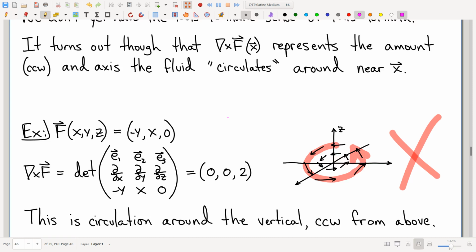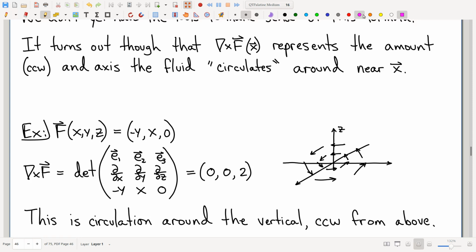This example is tempting because I can see the flow lines practically, right? You connect the dots. It really feels like the flow lines are doing what they're supposed to be doing. But in fact, curl is not about flow lines. Here's what it's about.